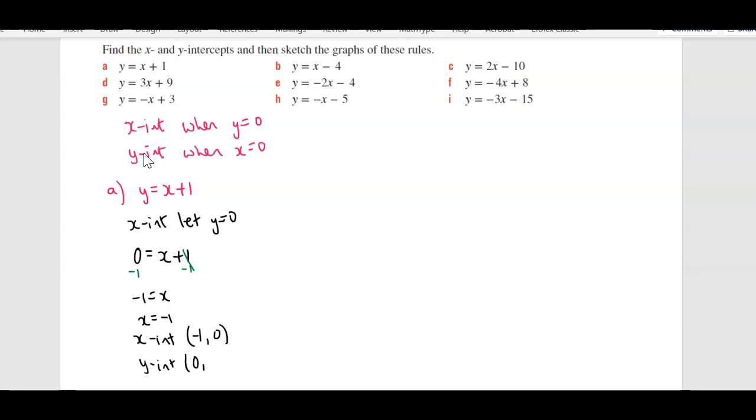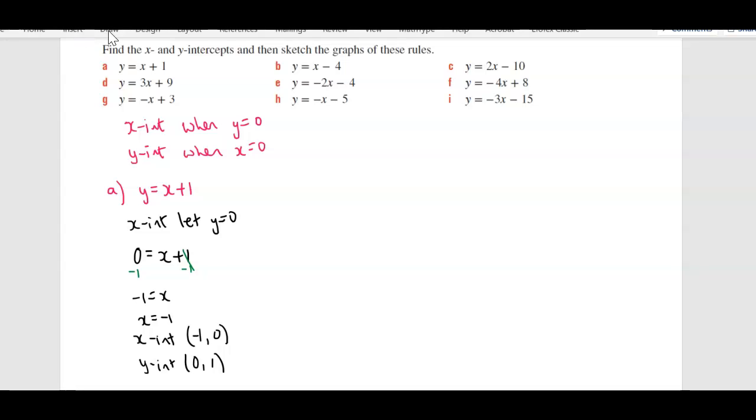So that's going to be 0, 1. Just make sure those zeros are there. Your x-intercept is on your x-axis where y is equal to 0, so you always have 0 for y for your x-intercept, and 0 for x for your y-intercept.